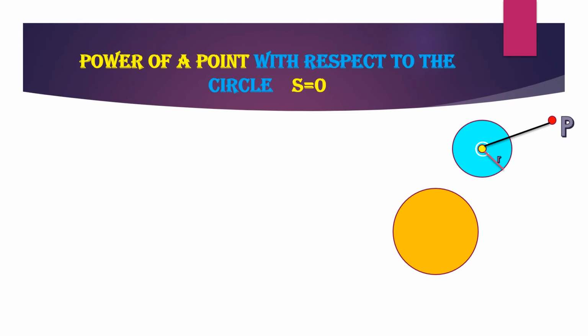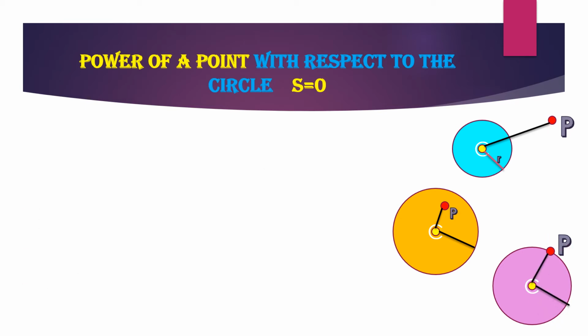In the second circle, P lies inside the circle, and in another diagram, P lies outside the circle. So P can lie outside, inside, or on the circle.